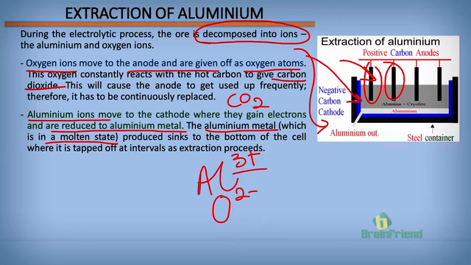So this aluminium will now sink to the bottom of this electrolytic cell. And from here, it will be tapped off, all right? So the aluminium metal formed at these cathodes will sink to the bottom of this cell, and it will now come out from here in its molten state.